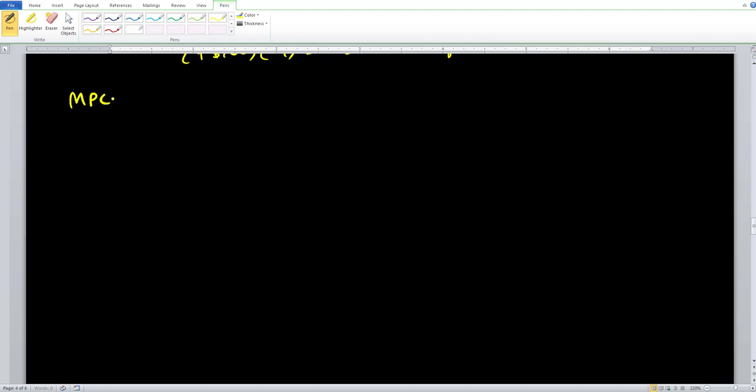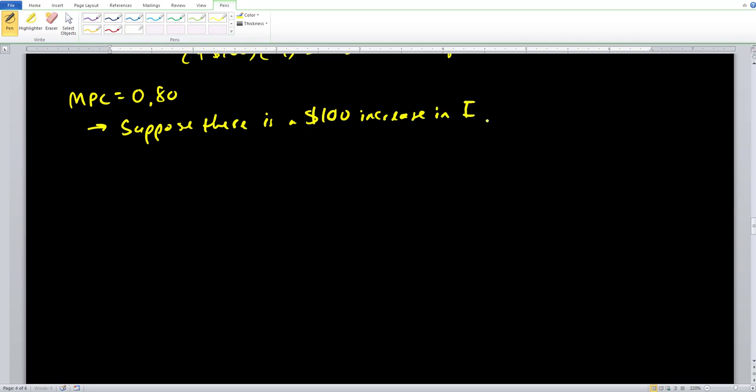So here, MPC equals 0.80, and we start off the question. Suppose there is a $100 increase in investment. And the question that we want to ask is, what is the change in equilibrium income?